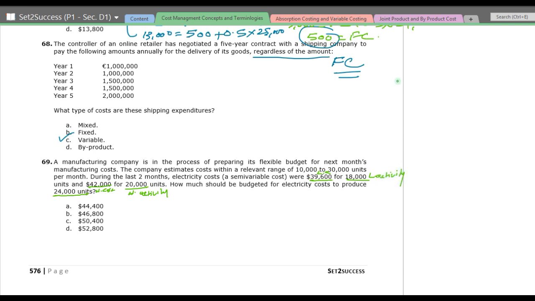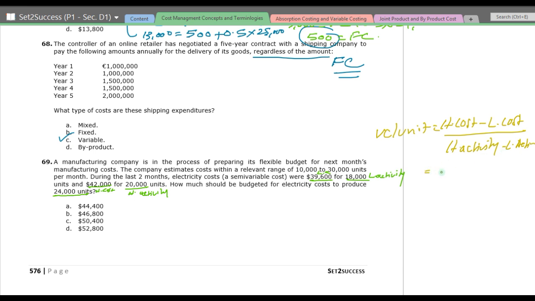So let us find the variable cost per unit. Variable cost per unit is highest cost minus lowest cost divided by highest activity minus lowest activity.